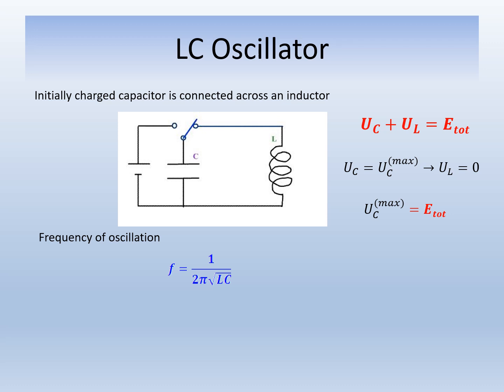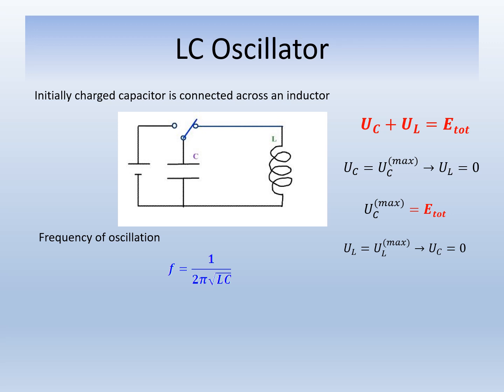We can see that once we energize one of the devices, either the capacitor or the inductor, that energy is going to be conserved in the circuit. That is by assuming there are no resistances in the circuit, so there's no dissipation of energy. If there is resistance, energy will be dissipated.